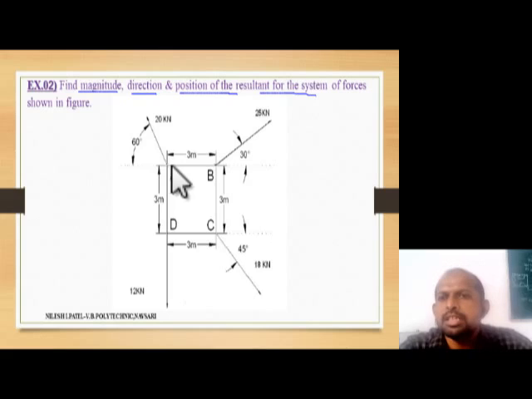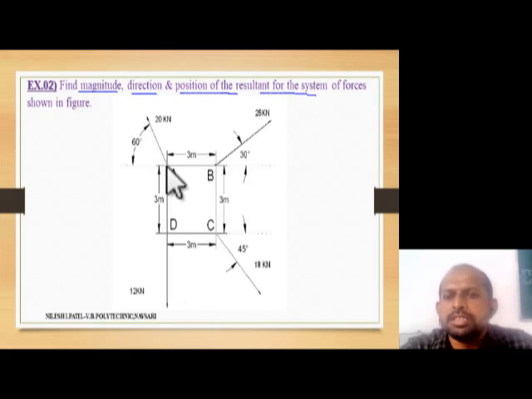First of all, as I explained in the method of resolution of forces, which is covered in unit number 2, in that topic we resolve an inclined force into two components, one vertical and another horizontal.